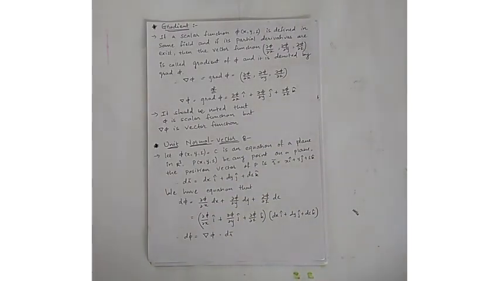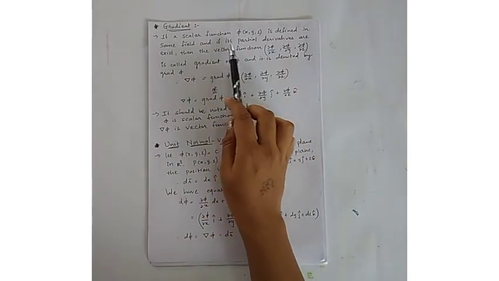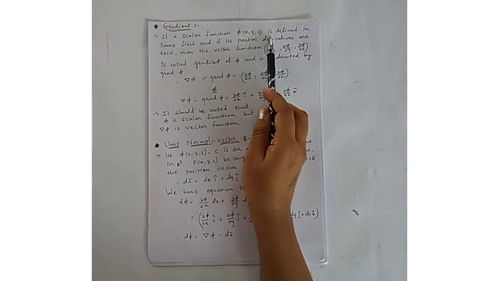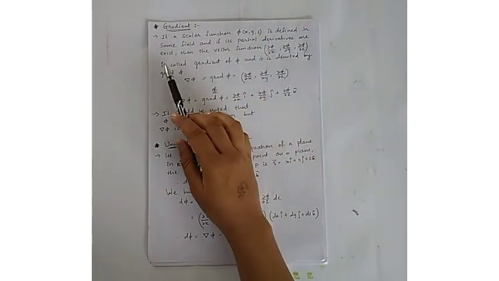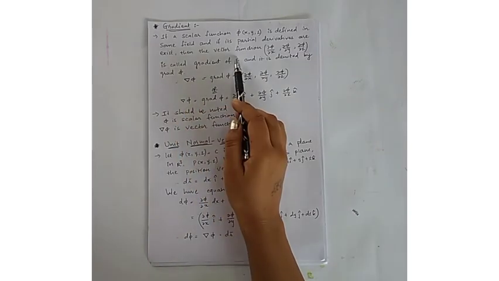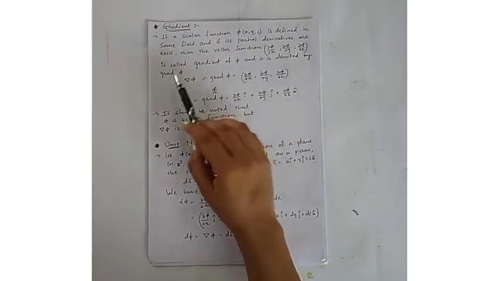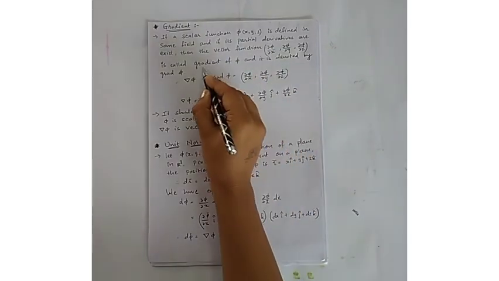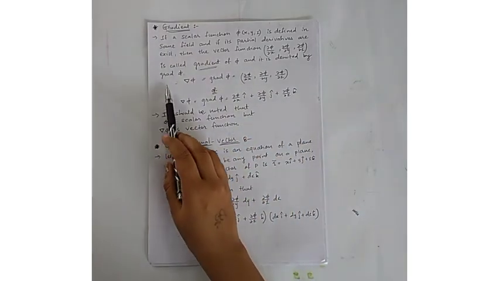Next definition is gradient. If a scalar function phi of x, y, z is defined in some field, and if its partial derivatives exist, then the vector function del phi by del x, del phi by del y, del phi by del z is called the gradient of function phi, and it is denoted by grad phi.